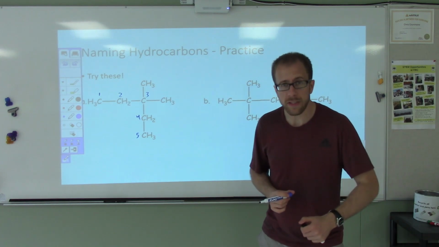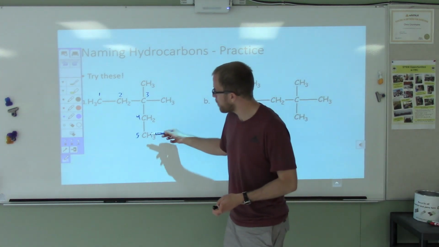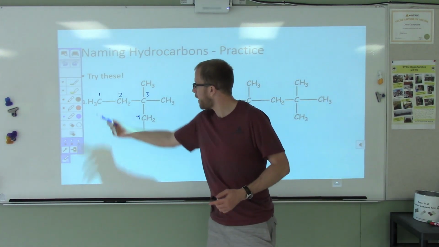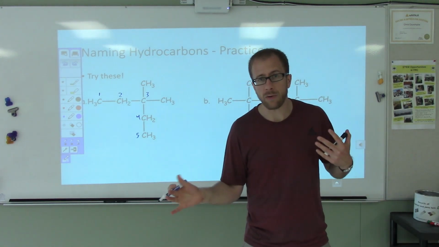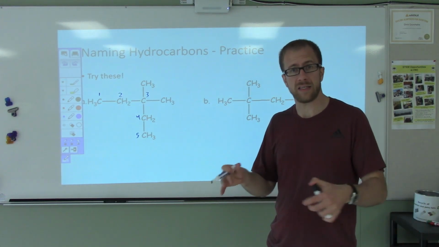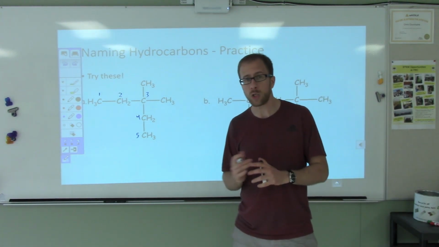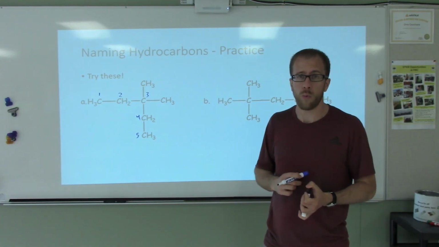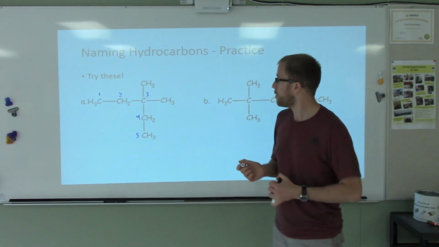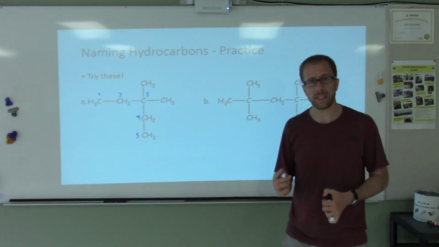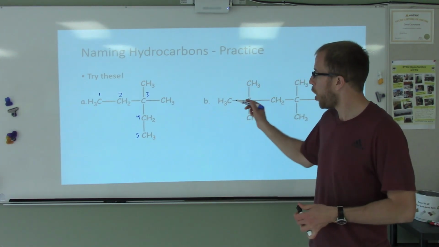Now, I'll always get students that ask me, Mr. Salt, could we label it 1, 2, 3, 4, 5 from the other side? And again, I would say to them, well, will your answer be the same either way? And the answer to that is yes, it will be the same either way, so it doesn't matter which way you label it.